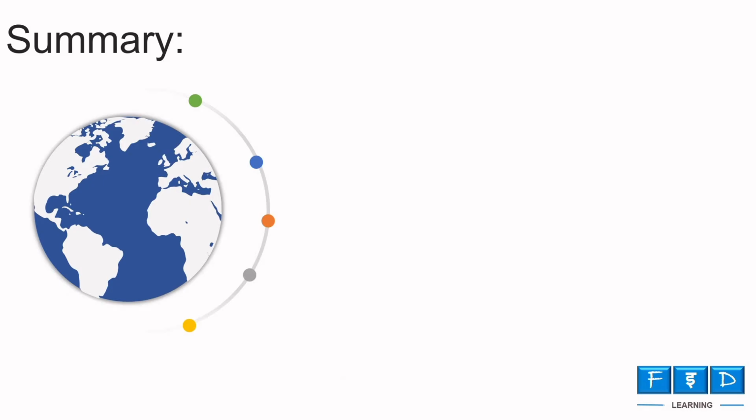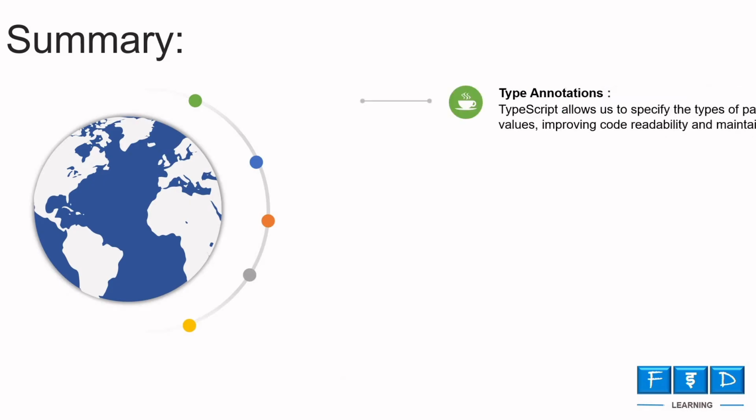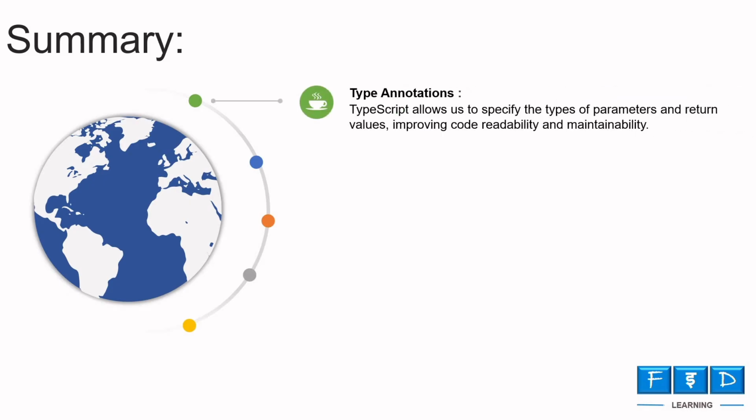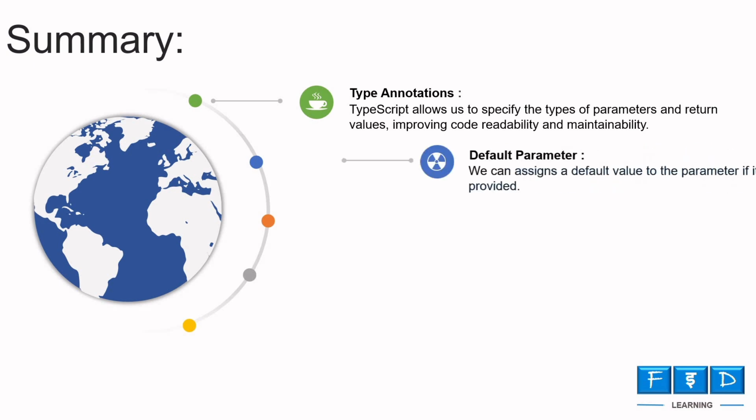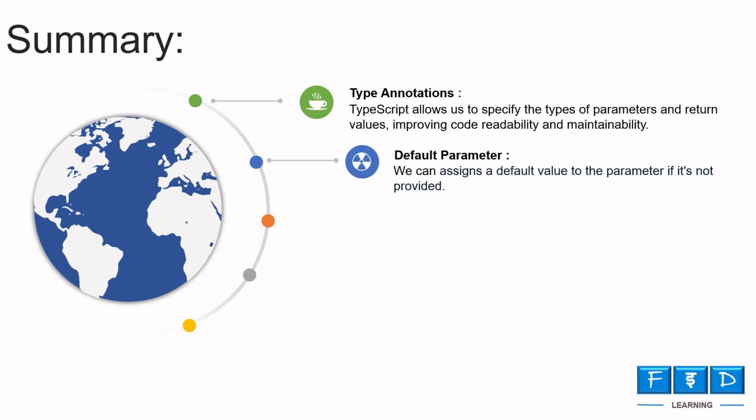So under TypeScript functions, we have covered type annotations. It means TypeScript allows us to specify the types of parameters and return values, improving code readability and maintainability. Next, we have seen default parameters: we can assign a default value to a parameter if it's not provided.